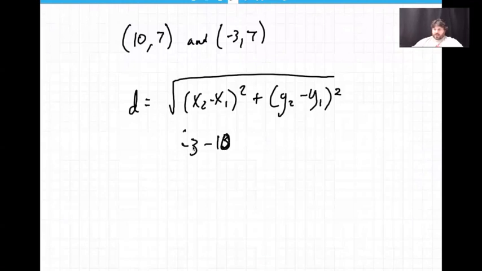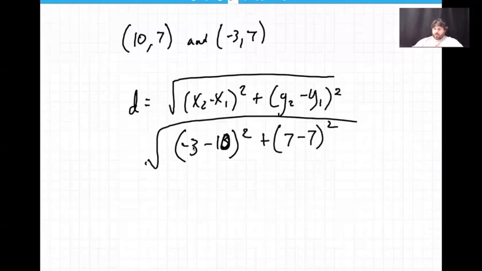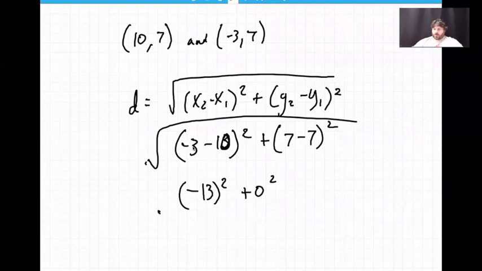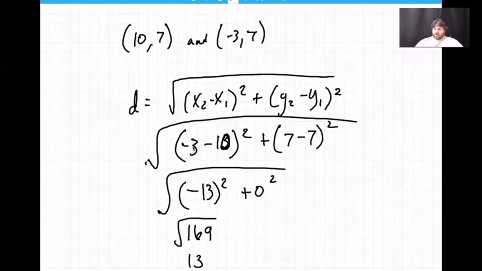Negative 3 minus 10, we square that, plus 7 minus 7 squared. We're going to square root that whole thing. So we get negative 13 squared plus 0 squared. So negative 13 squared is just 169, plus 0 is 169. We get 13.